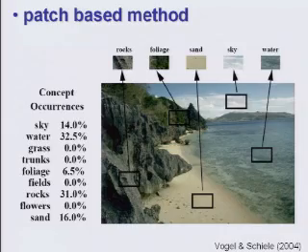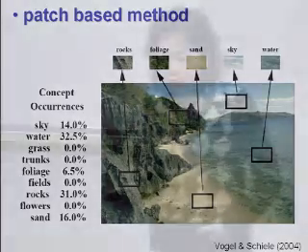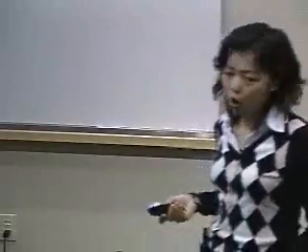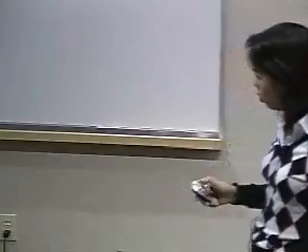And then recently, from object recognition, we got a lot of success using local patches in object categorization. This idea is used by Vogel and Schiele, where they chop the images into little pieces and look at what each little piece is in terms of its local theme or topic.